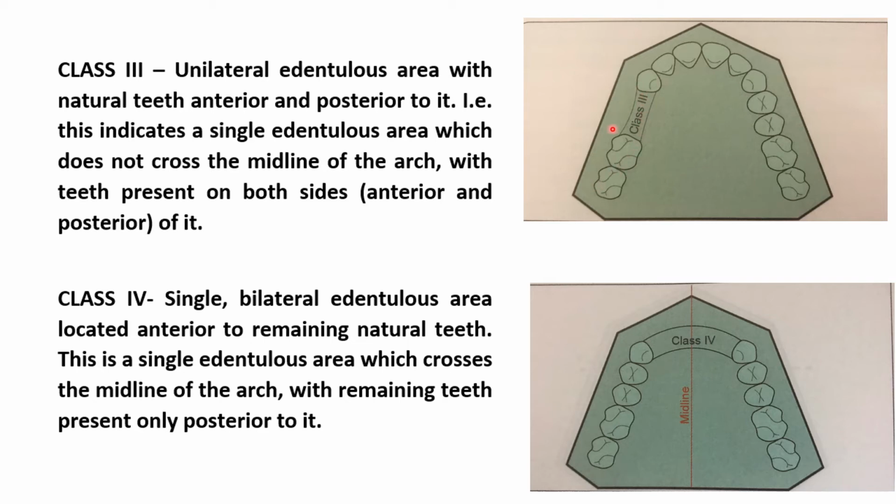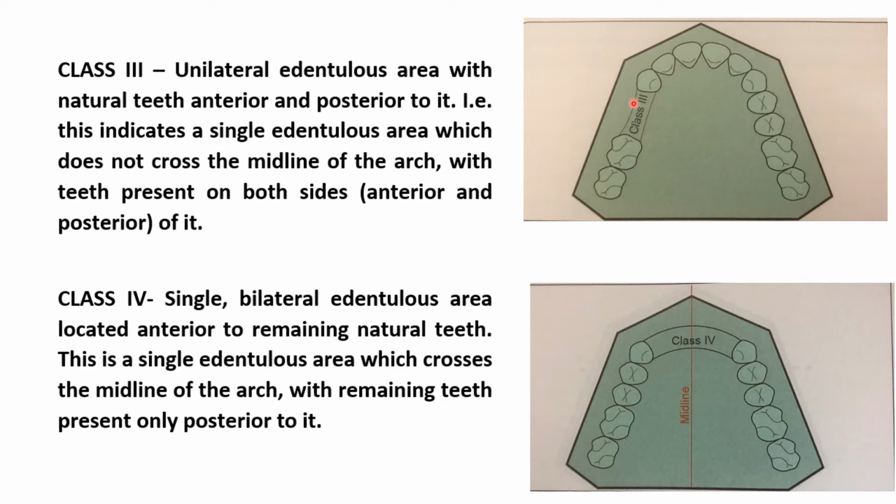The edentulous area is between the remaining natural teeth and it is unilateral. It does not cross your midline. Now this is your midline, so it does not cross the midline and it is present between two natural teeth. So that is your class 3.